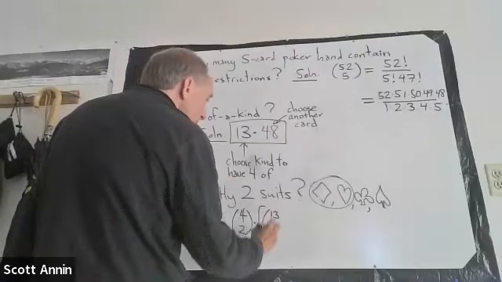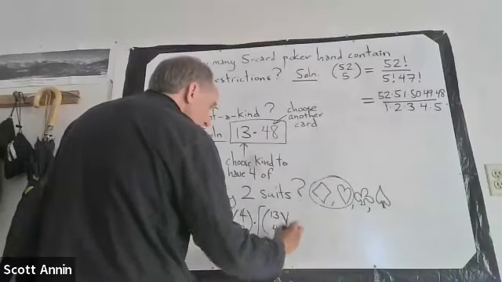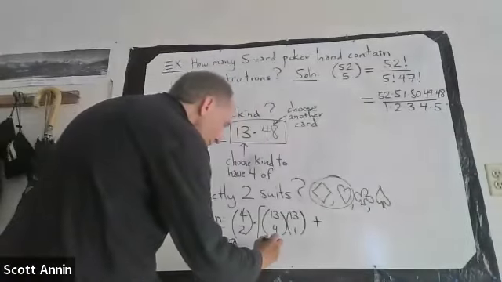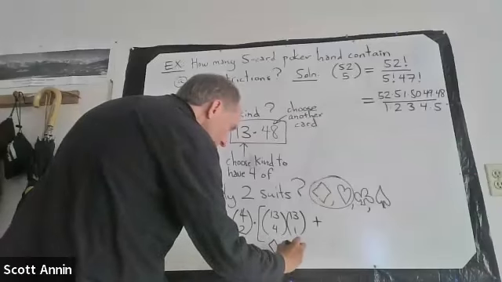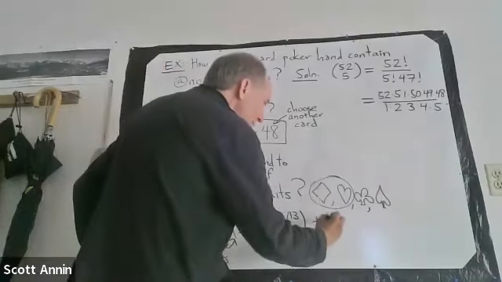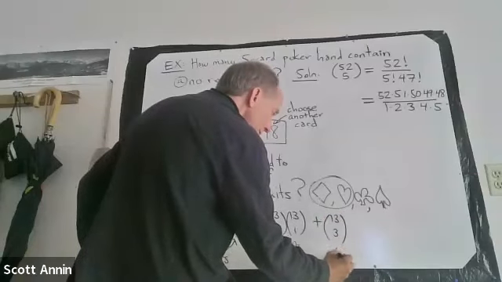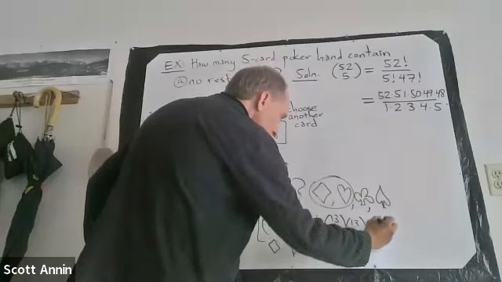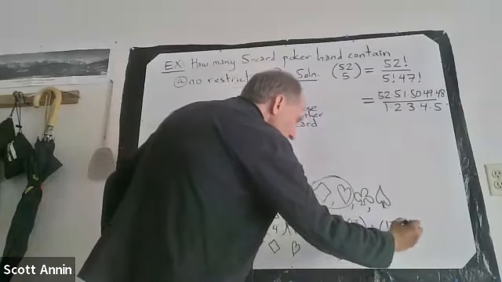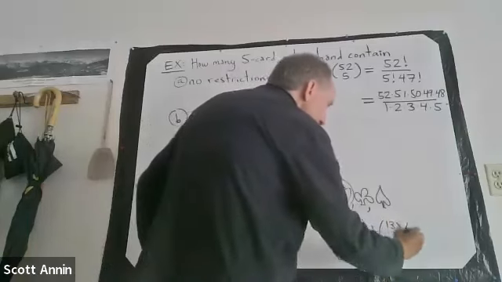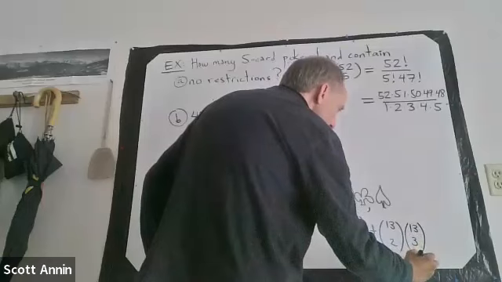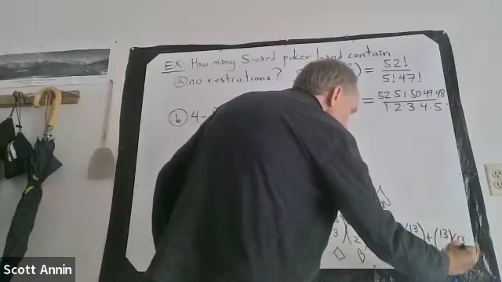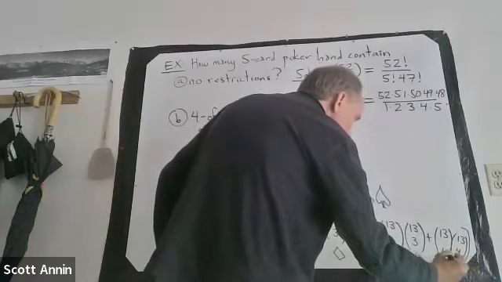So out of 13 diamonds, we could choose 4 of those, and then out of the 13 hearts, we could choose 1 of those, right? And then the next one would be, what if we had only 3 diamonds, but we had 2 hearts? Or we could have 2 diamonds and 3 hearts. Or finally, we could have just 1 diamond and 4 hearts. All of that is in brackets.